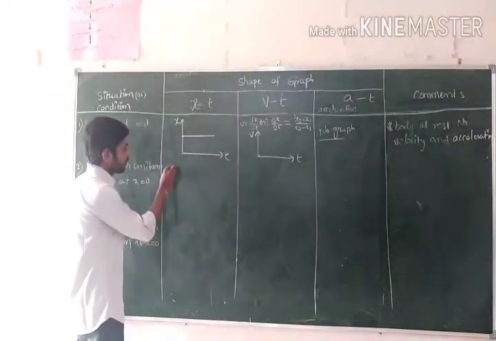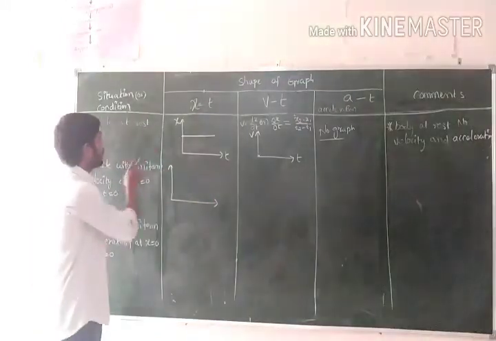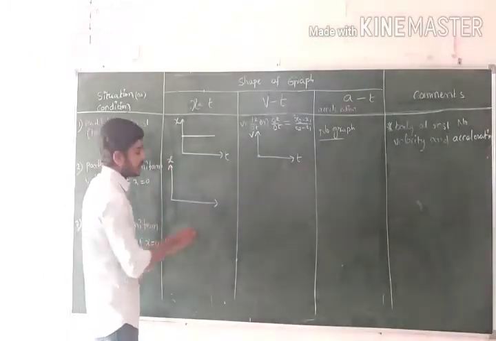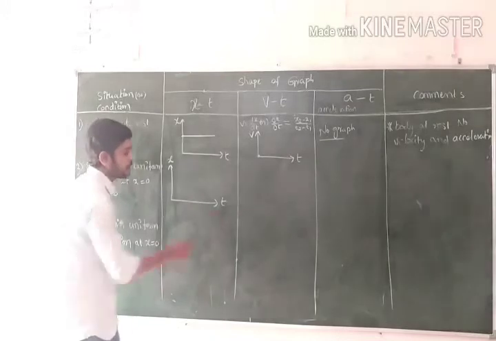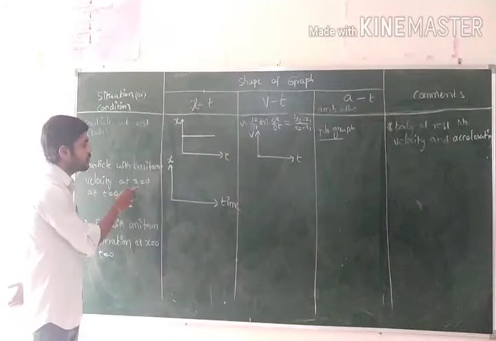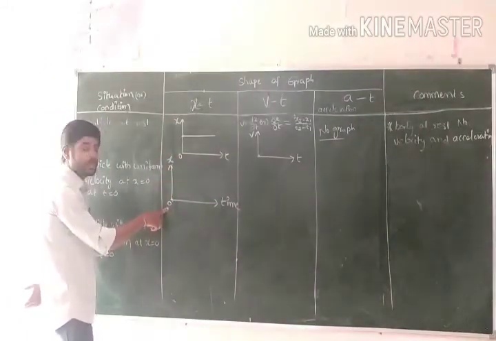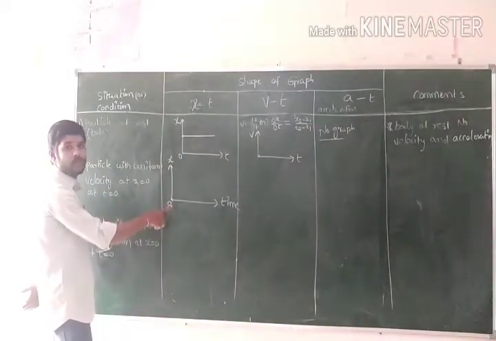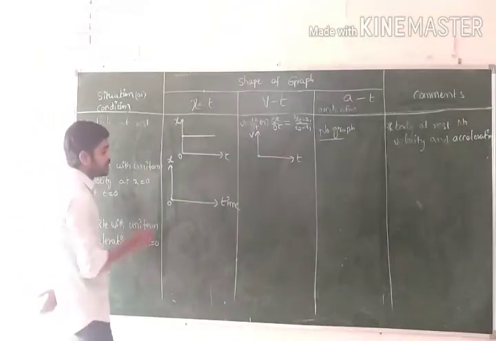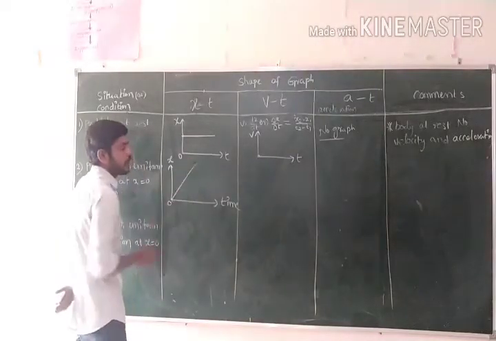Again I am taking a graph in the same situation, with displacement along the y-axis and time along the x-axis. Now, x equals 0 and t equals 0 is the origin point. Now it starts with uniform velocity. Uniform velocity means the velocity should be constant wherever you take it, so a graph like this will come.